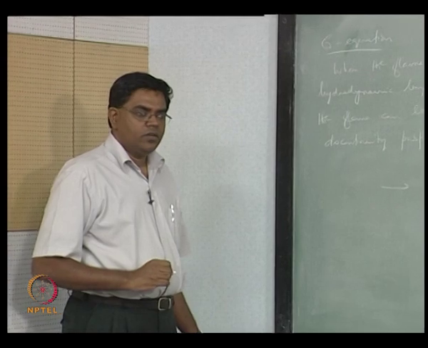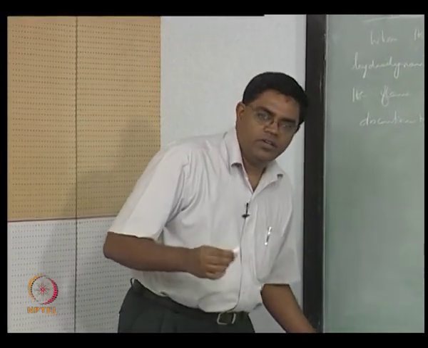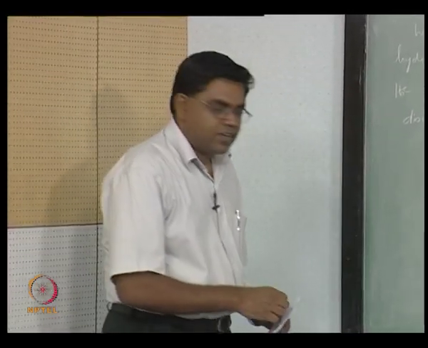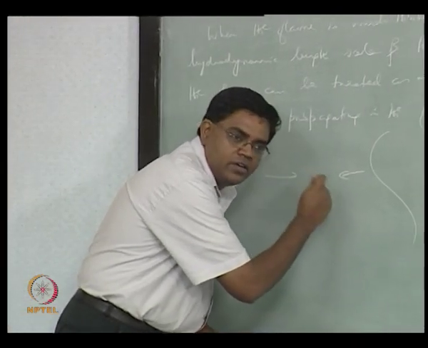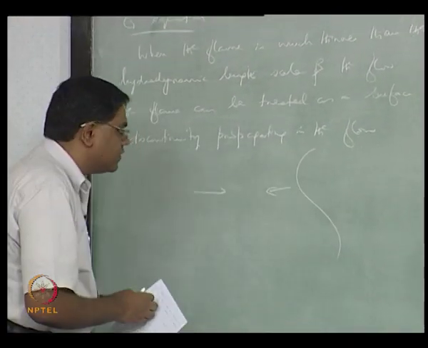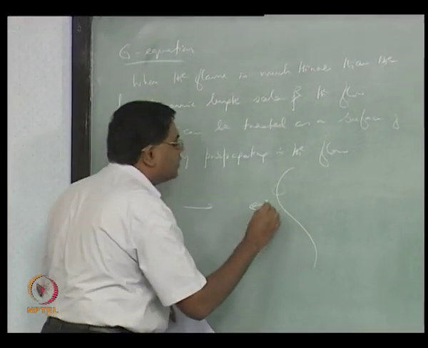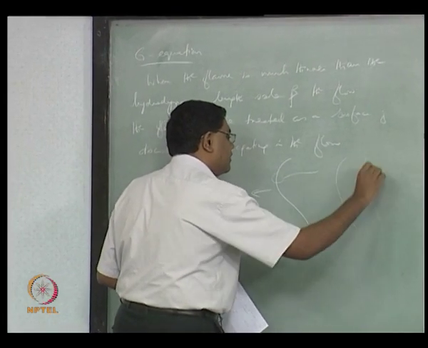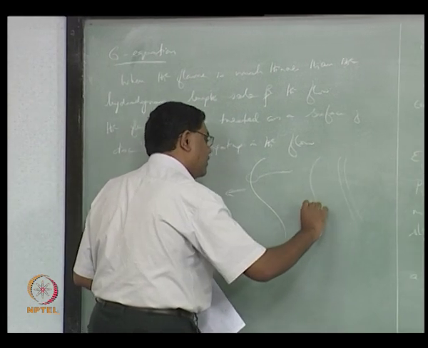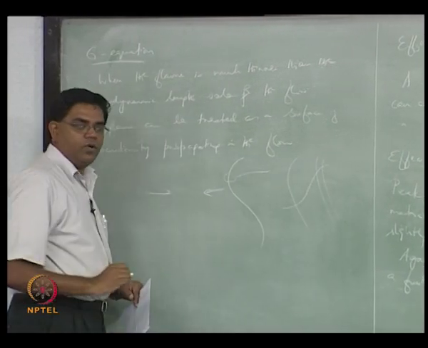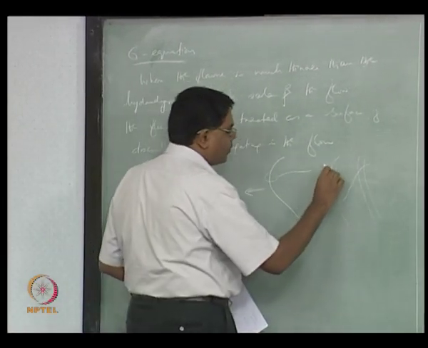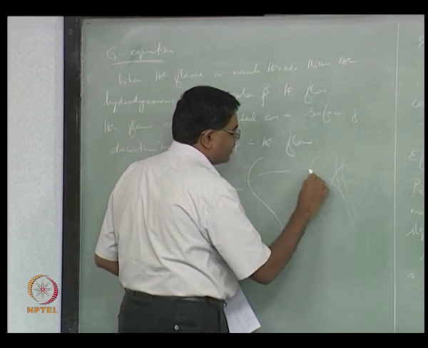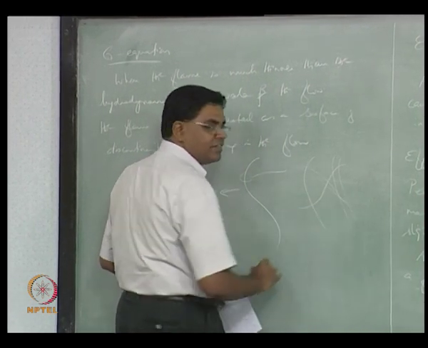Now where was all the preheat zone and all those things? It's like you have to take a magnifying glass, hold it against this, and then it's going to look like the stuff that we drew.